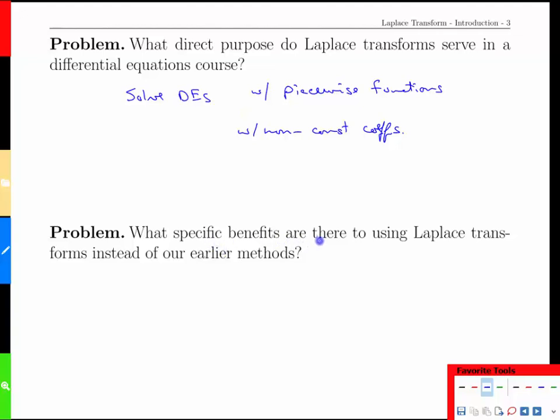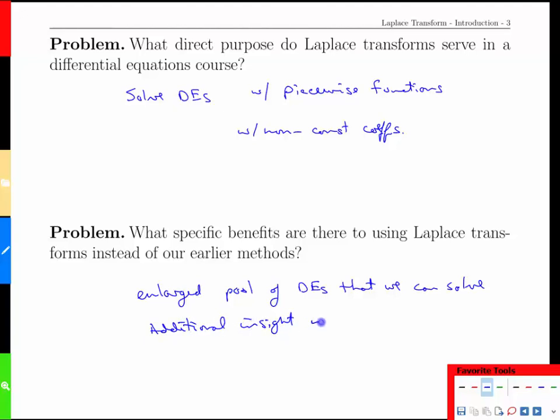What specific benefits are there to using Laplace transforms? Again, it's just an enlarged pool of DEs that we can solve. And we also might get additional insight into general patterns of the solutions.